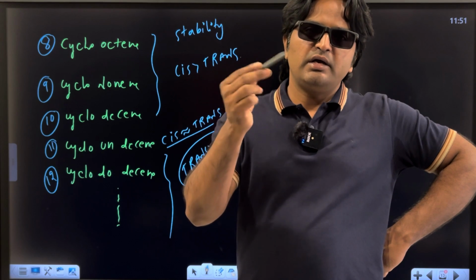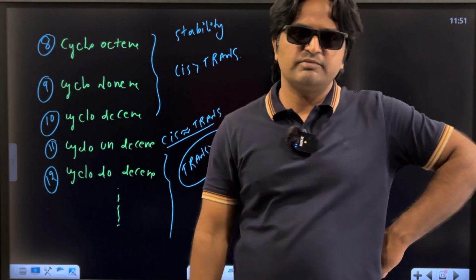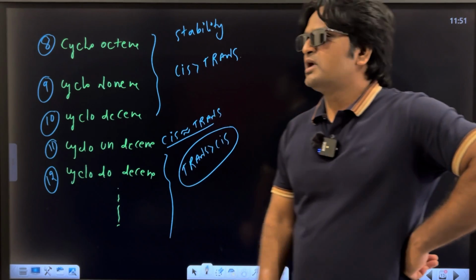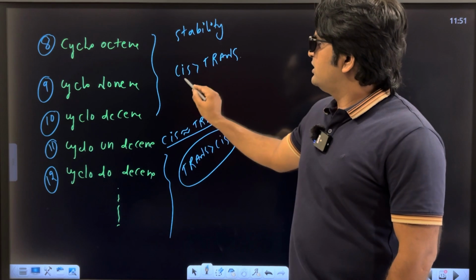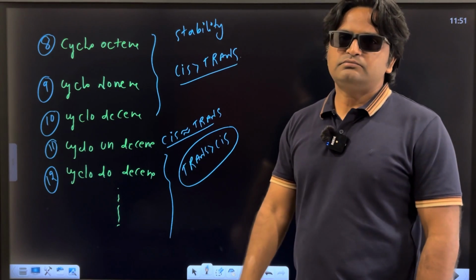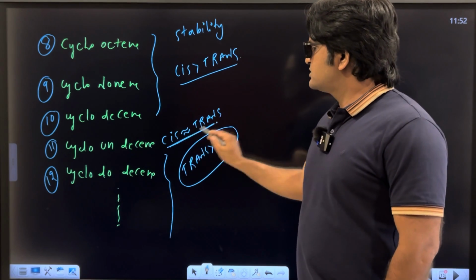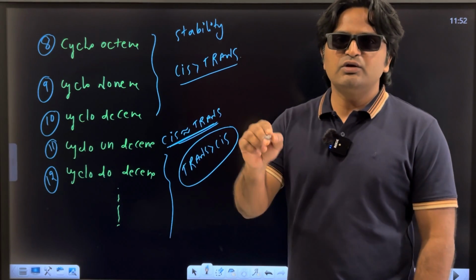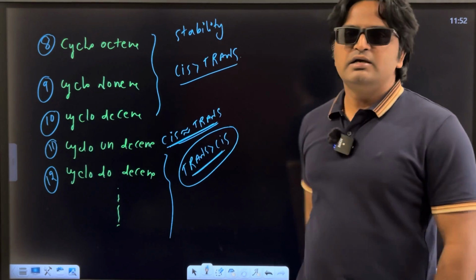That means the double bond present in the ring system is responsible for geometrical isomerism. And for stability, up to cyclodecene the order is cis greater than trans. For the 11-member ring system, cis approximately equals trans. Next, 12 onwards, trans is greater than cis.